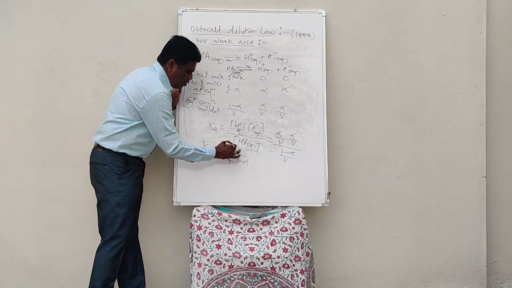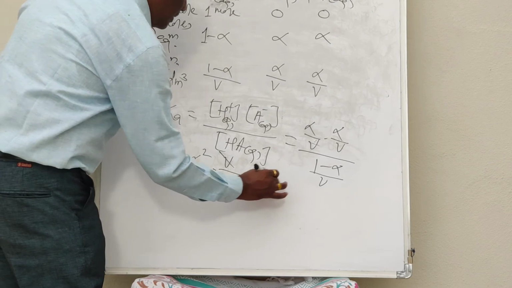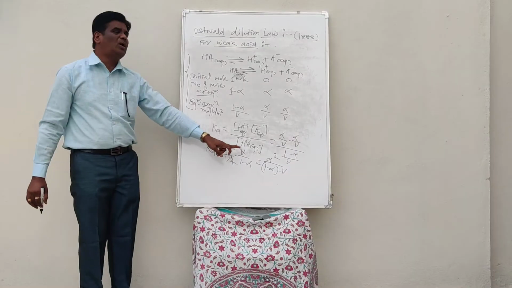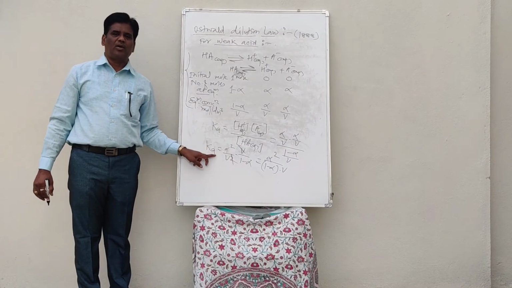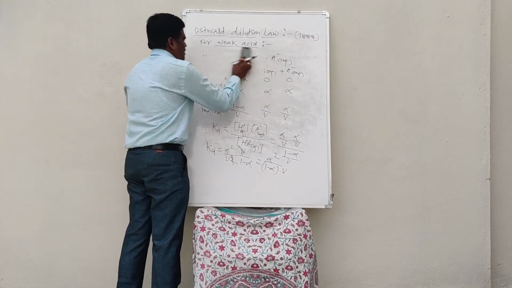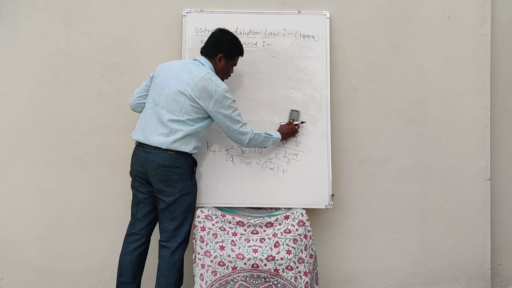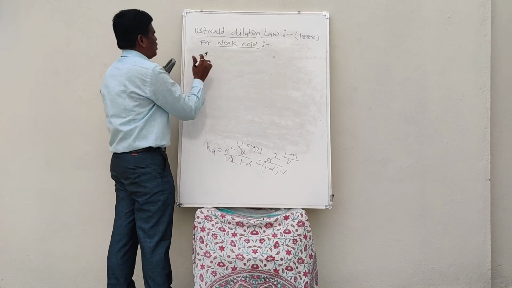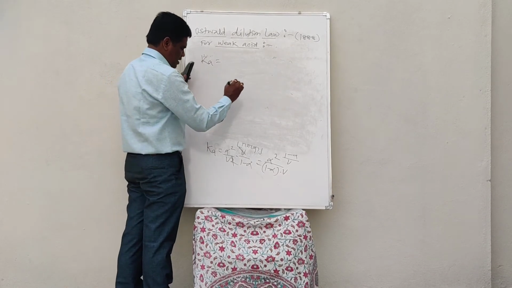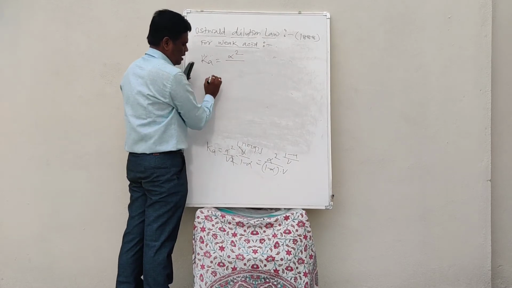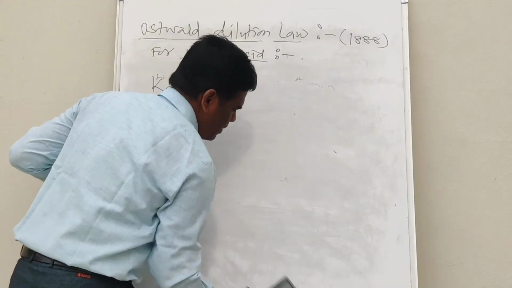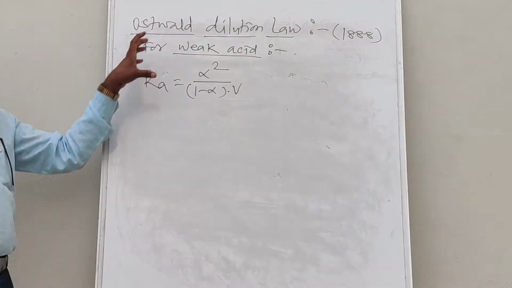So this V will be cancelled and it becomes alpha square upon 1 minus alpha into V. So this is the first form of Ostwald dilution law for the weak acid. All of you remember that, so Ostwald dilution law can be written for an acid as Ka is equal to alpha square upon 1 minus alpha into V.